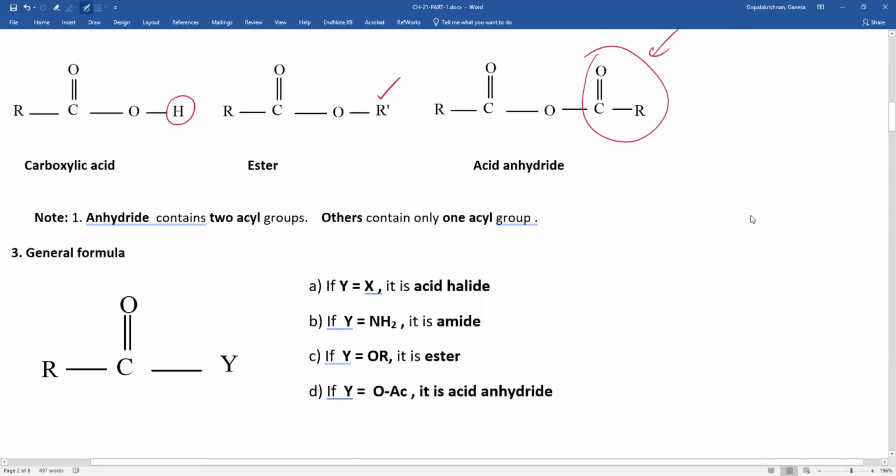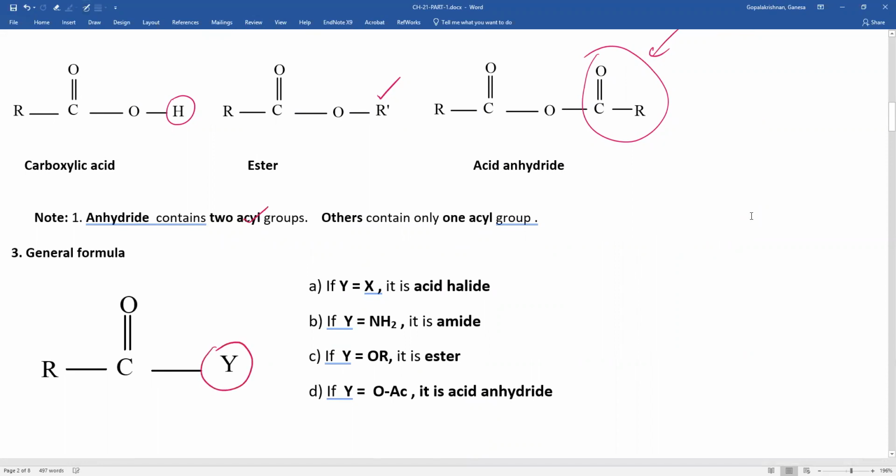Keep that in mind. The general formula is this one. If you use the general formula, it is easy for you to remember the reactions and mechanisms. This represents all the four derivatives.